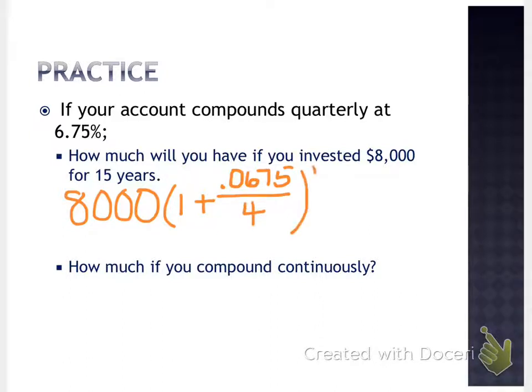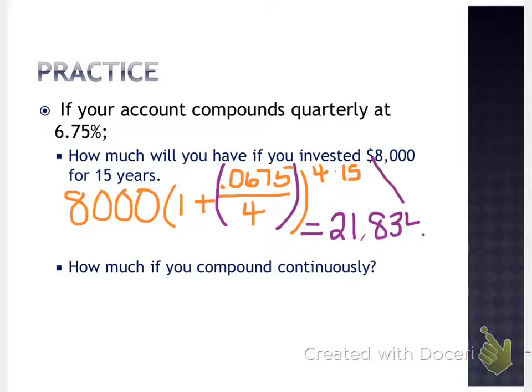And then my exponent is going to be 4 again, times 15 for 15 years. Okay, so be careful when you plug this into your calculator. You're probably going to have to put in an extra set of parentheses. And when I do this, I get $21,834 and 55 cents.